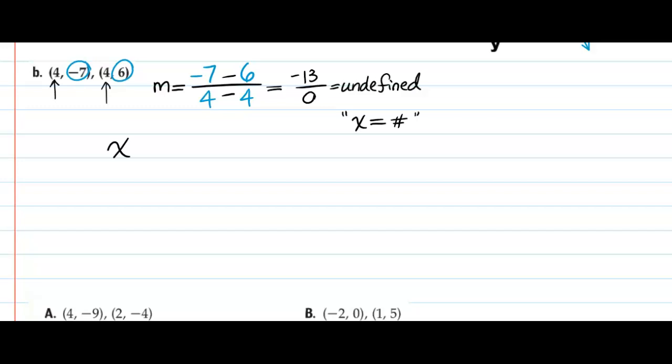So if we have to choose some value for x to equal, it makes sense that we would choose 4. And we're finished. And you might wonder, well, is that in point slope form? Is it in slope-intercept form? It's kind of one of those outliers. It's really neither because we don't have an x and a y. It would be in standard form, which we're going to get to later on in our notes.